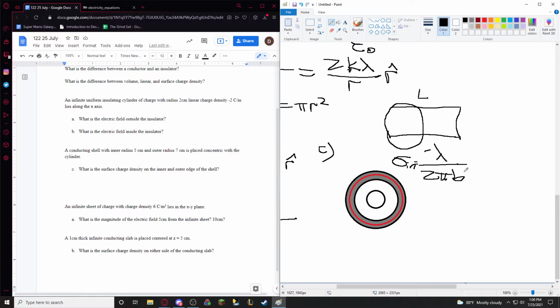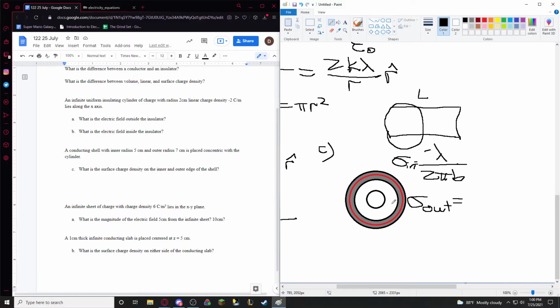So what would be the surface charge density on the outer edge? All right, that would still be Q over A, and assuming the lambda still sticks in there, it should be lambda L over 2 pi, and we could still say BL.